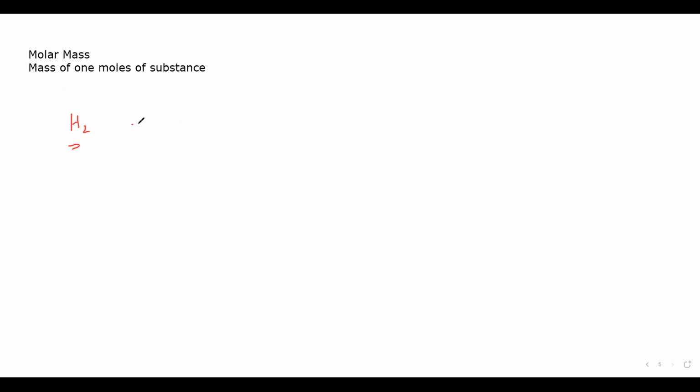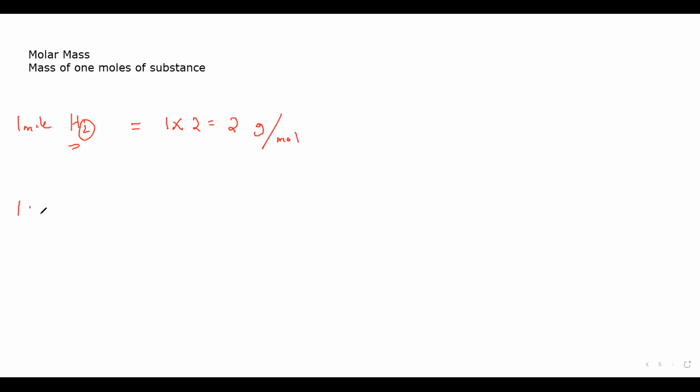What is the molar mass of hydrogen? The relative atomic mass of hydrogen is 1, multiplied by how many hydrogen atoms there are, 2. So this will be 2, and the unit will be gram per mole. If we have 1 mole of hydrogen, it will have 2 grams for each mole.